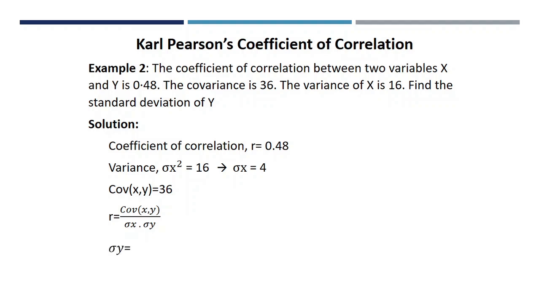So now we will get sigma y is equal to covariance of xy divided by r into standard deviation of x, which is 36 by 0.48 into 4, which is 18.75. So the standard deviation of the variable y is 18.75.